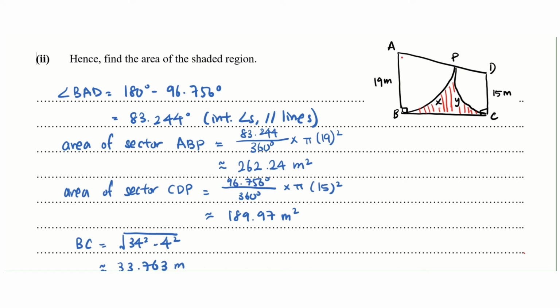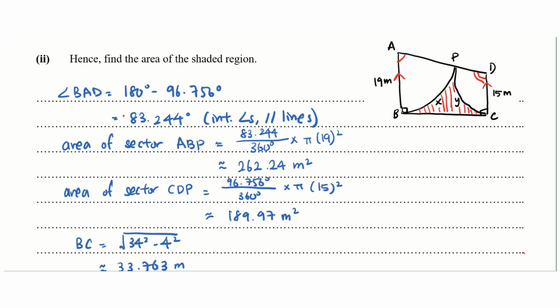To first find out what is the area of this sector on the left, we need to know what is the angle of BAP. To find out what is the angle of BAP, or rather BAD, whichever you want to name it because they refer to the same angle, we can realize that AB and CD are actually parallel to each other. Because they are parallel to each other, there will be interior angles being formed over here.